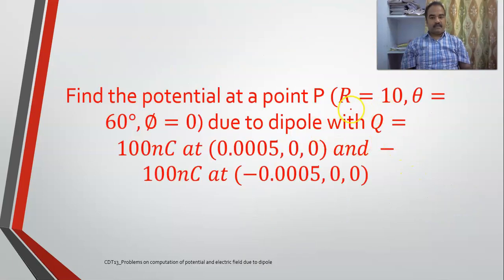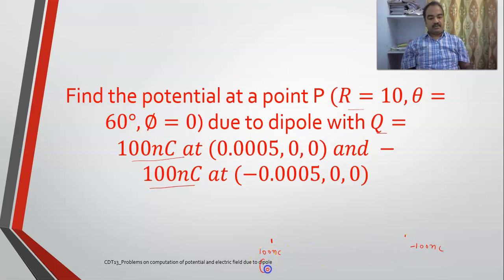Find the potential at a point r equal to 10, theta equal to 60, phi equal to 0, due to a dipole with charge 100 nanocoulombs and another charge of minus 100 nanocoulombs. Which means there are two charges. One is 100 nanocoulombs, the other is minus 100 nanocoulombs.